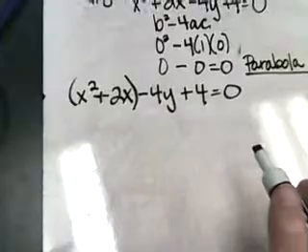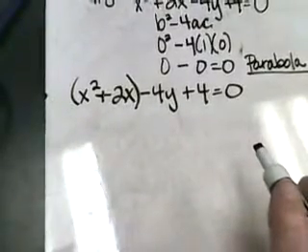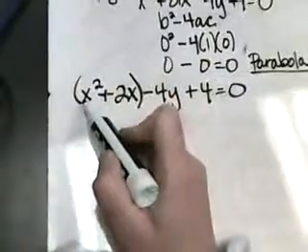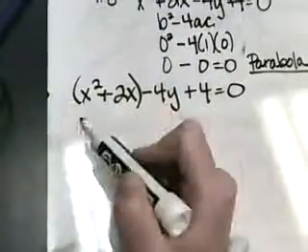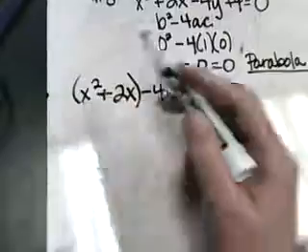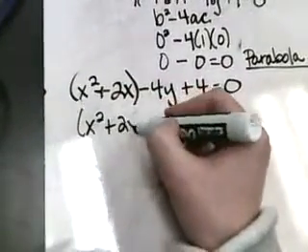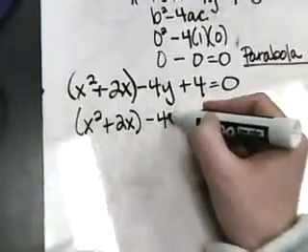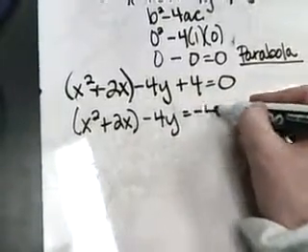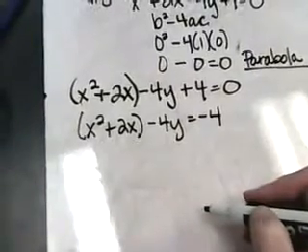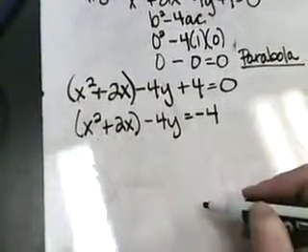Number 4 says move the constant to the right-hand side and make sure your squared term's leading coefficient is 1. Squared term's leading coefficient is 1, so I don't have to worry about taking anything out. I need to get that constant to the other side, though. Okay. Now it says take half of the x and or y term and square it.